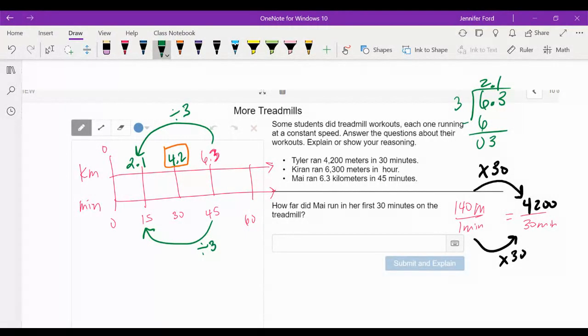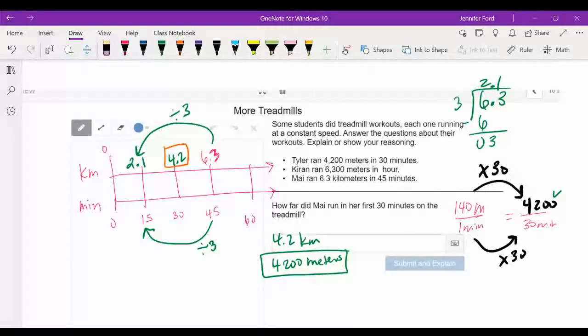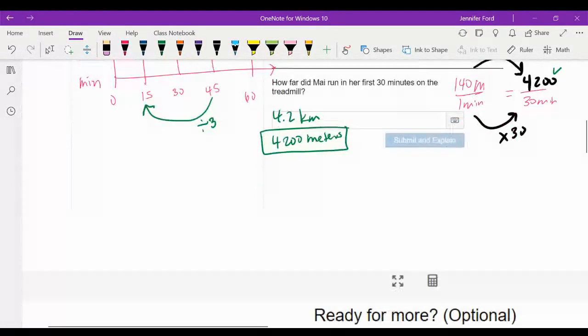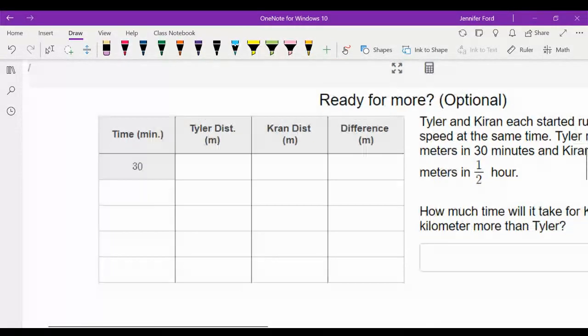And this wanted meters, so 4.2 kilometers, but they were asking for meters, so 4,200 meters, which is the same thing as we got doing it this way. Cool. All right. Next. Oh, this guy's bigger.